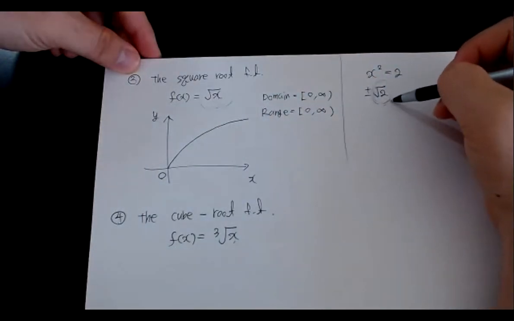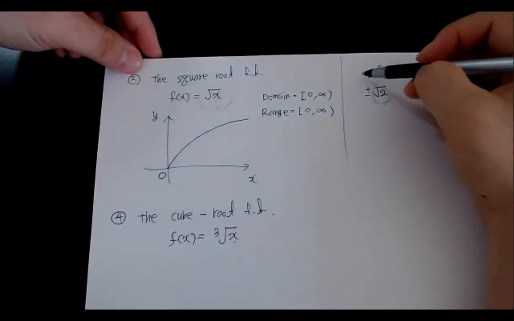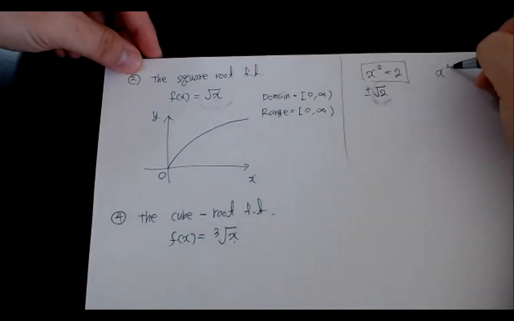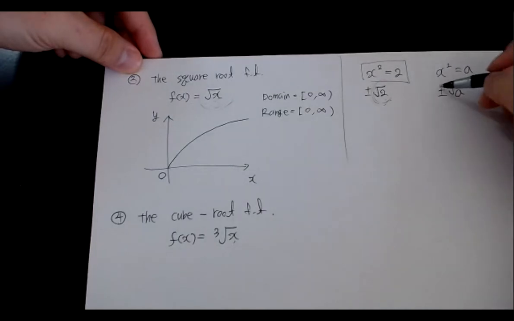So square root of 2 means the solution of that equation. In general, for x squared equals a, the square root of a, actually plus or minus square root of a, means the solution of the equation x squared equals a.